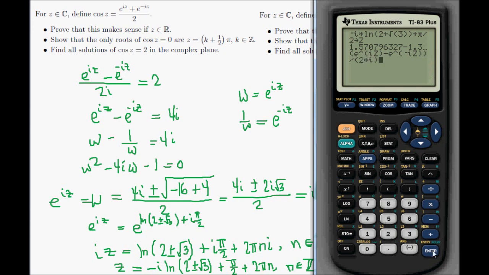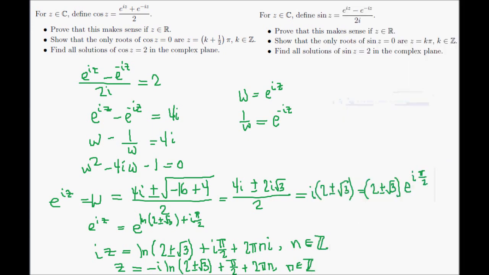And let's see what comes out. And 2 comes out, not surprisingly. So that's the plus case, and I'll leave it for you to check with the calculator that the minus case provides the exact same thing. So that is the solution of this equation, sine of z is equal to 2.